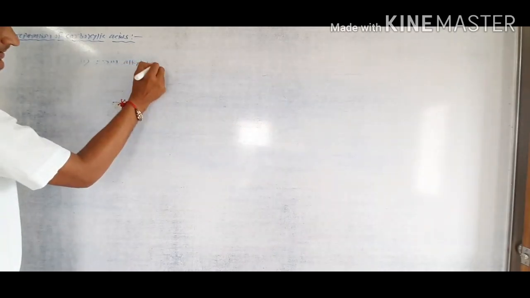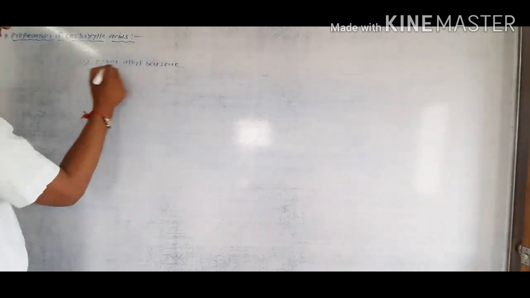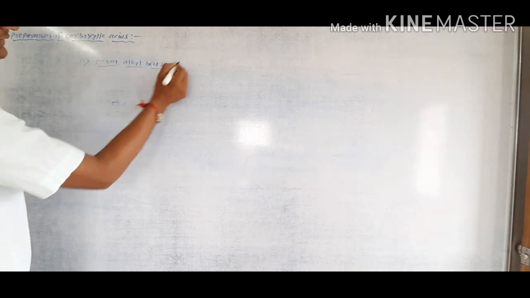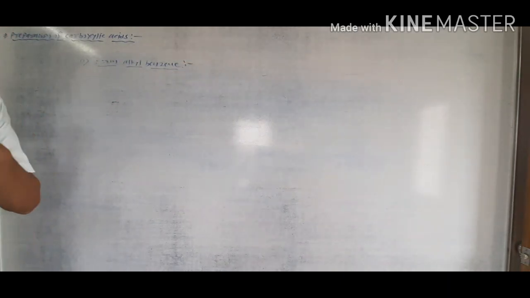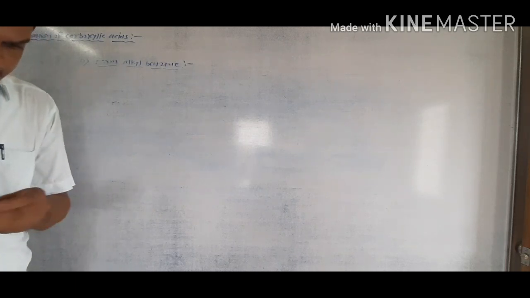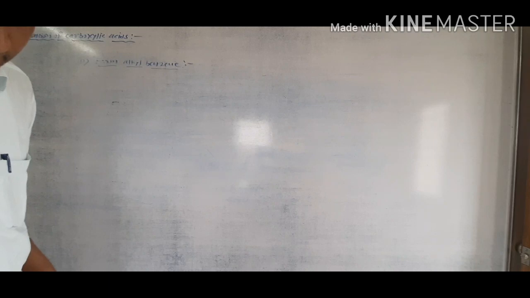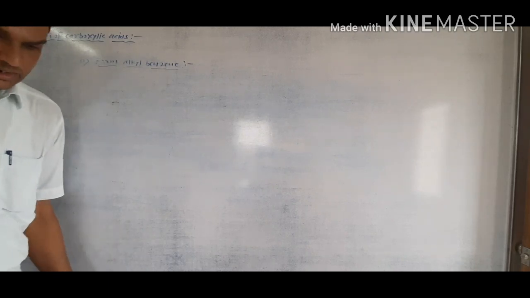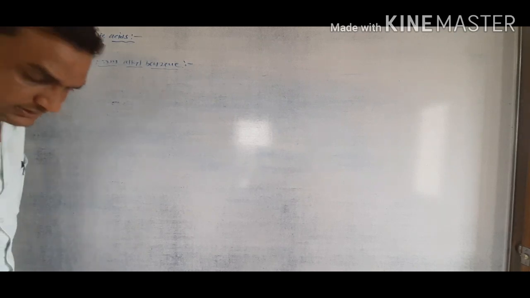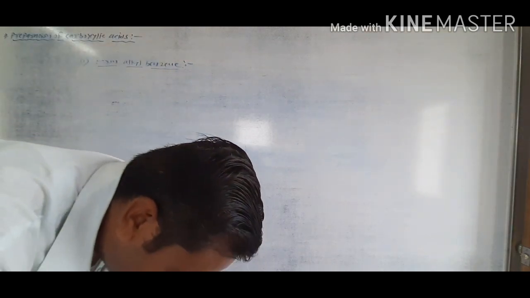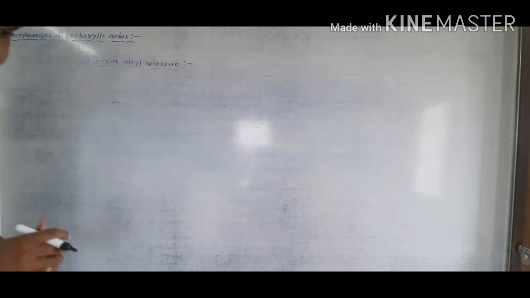Preparation of carboxylic acid from alkyl benzene: the carboxylic acid can be prepared by oxidation of alkyl benzene with dilute HNO3 or alkaline or acidic KMnO4 or chromic acid, both strong oxidizing agents. They will oxidize the alkyl benzene. The alkyl chain, regardless of its length, is oxidized to the carboxylic acid.